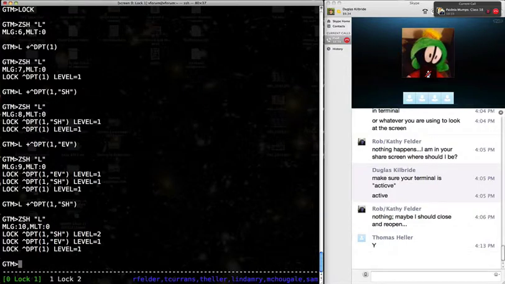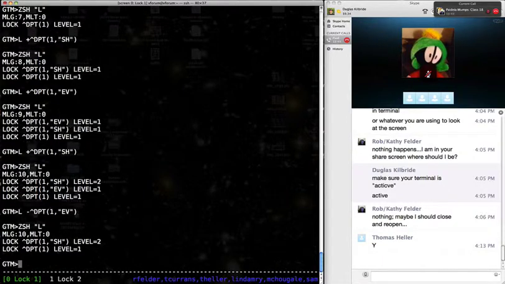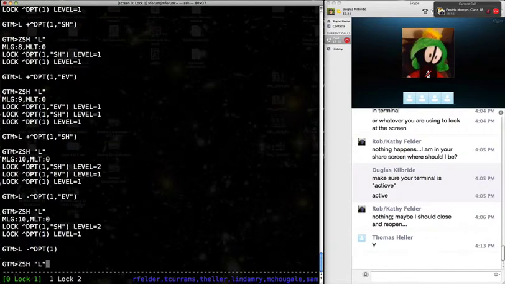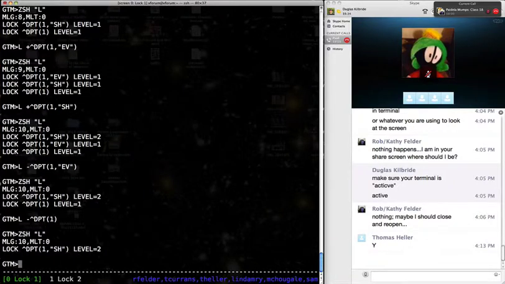So now I can remove locks one at a time. So lock minus, that's the opposite of the plus, DPT 1 comma EV. That's gone. Lock minus DPT of 1. That's gone.